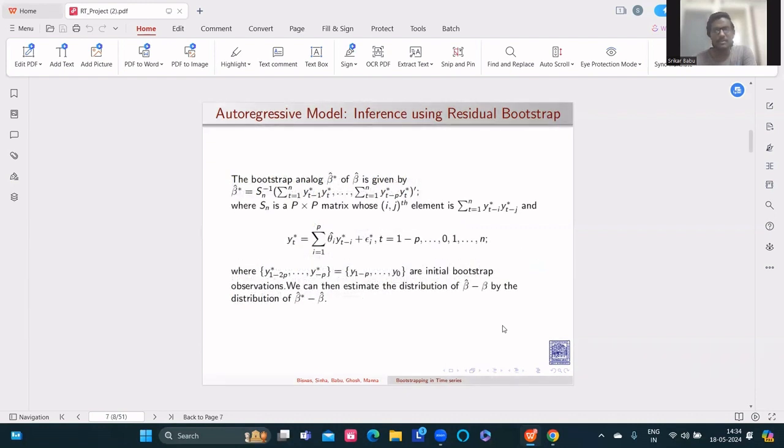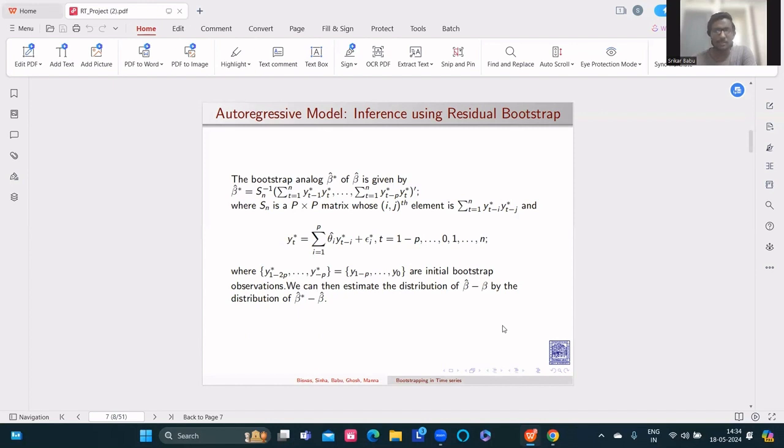The bootstrap analog beta star of beta now is given by beta hat star equal to Sn inverse summation Yt minus 1 star, Yt star and so on up till summation Yt minus p star, Yt star, where Sn is a p cross p matrix whose i comma jth element is given by summation Yt minus i star, Yt minus j star.